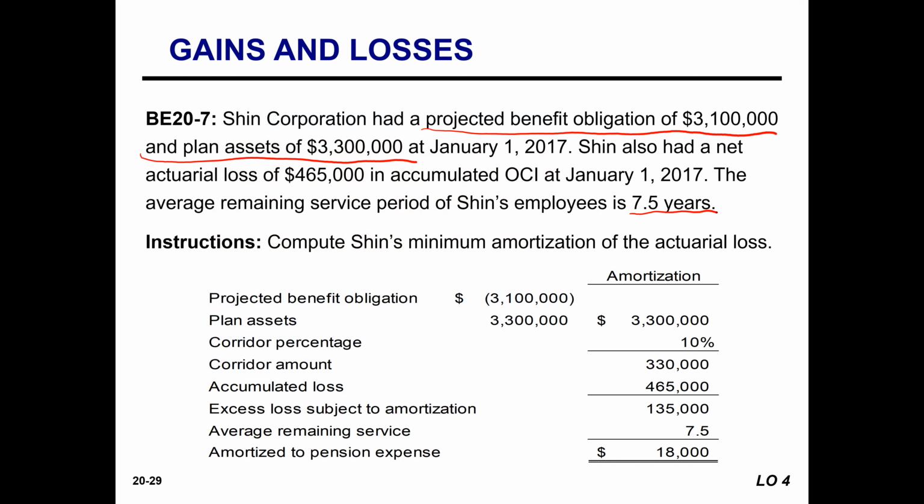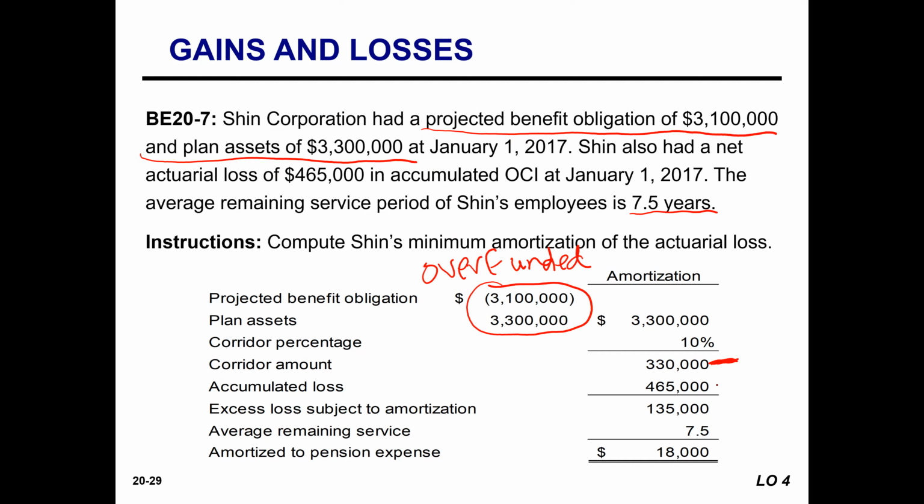So projected benefit obligation, again, 3.1 million, plan assets, 3.3 million. This is our first example where we're actually overfunded, right? We have more in the plan assets than our projected benefit obligation. So that's nice. We're going to take that 3.3 million times 10%. The corridor amount then is 330,000.